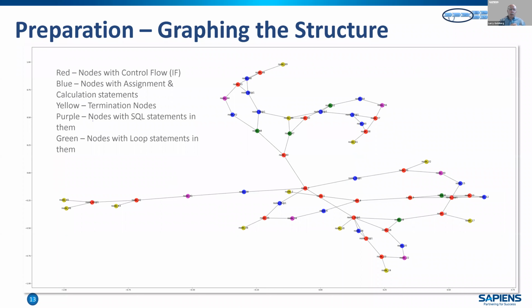In the graphing of the structure, this is where our technology has moved very rapidly. This is an early control flow graph that we constructed. Today, our graphs are very, very rich, both with control flow and logic structures. And it's the means by which we're able to derive normalized models from the control flow.